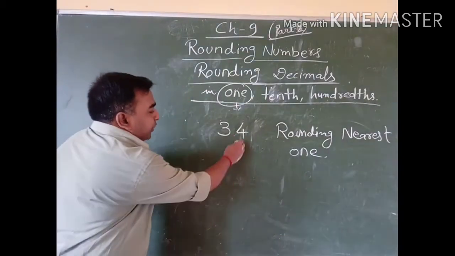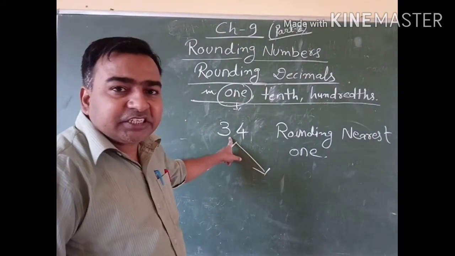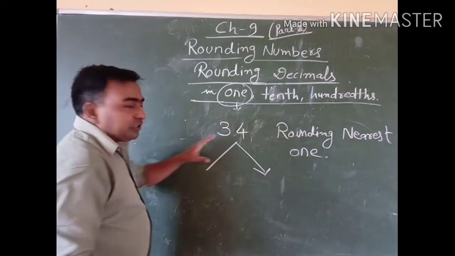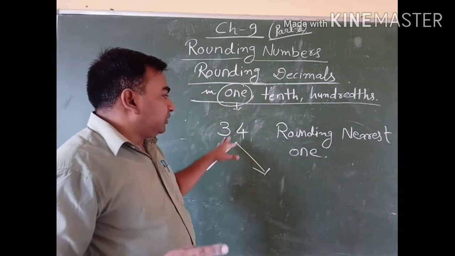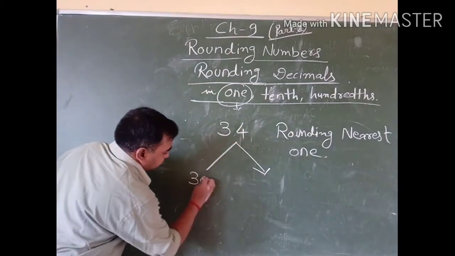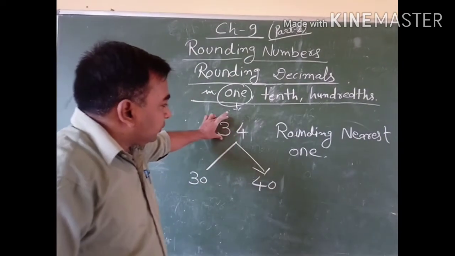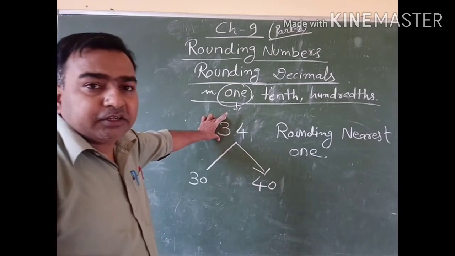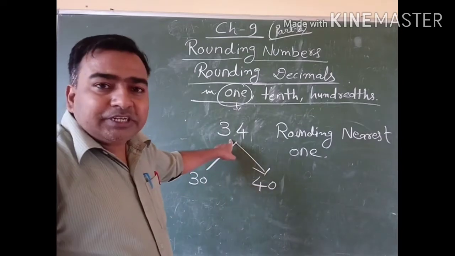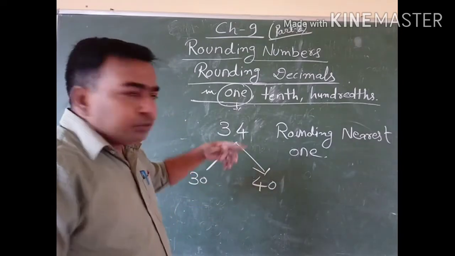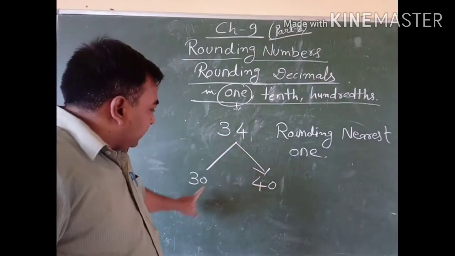And when we change it into the nearest 10, this 34 comes between 30 and 40. So 34 is nearest to which one? Between 30 and 40, 34 is nearest to 30, not to 40.